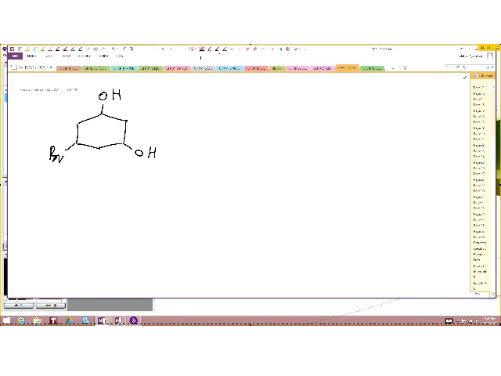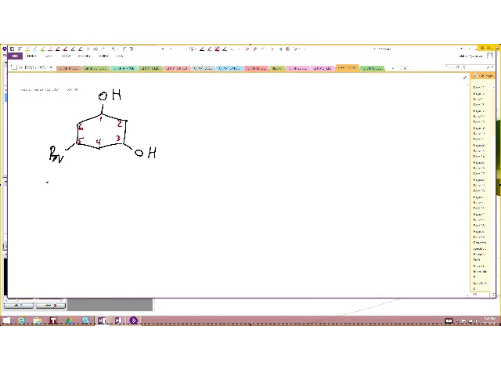Here, of course, you have to assign numbers to the substituents. So this is 1, 2, 3, 4, 5, 6. You assign numbers to those hydroxy groups so as to give them the lowest combination of numbers.